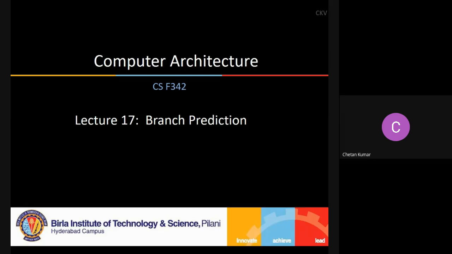So if you have a branch, introducing a delay every time is not a very good idea. That is why you use a technique called branch prediction, where we predict the outcome of the branch beforehand, and if the actual outcome is the same as the prediction, then you don't have to worry. But if the actual outcome is different from what you predicted, then only there might be a delay.